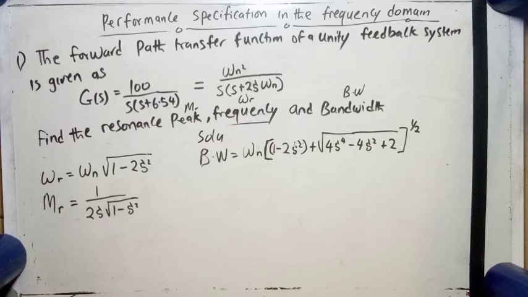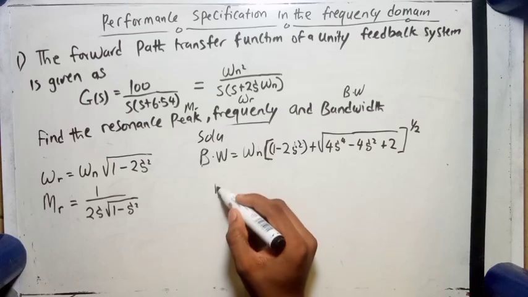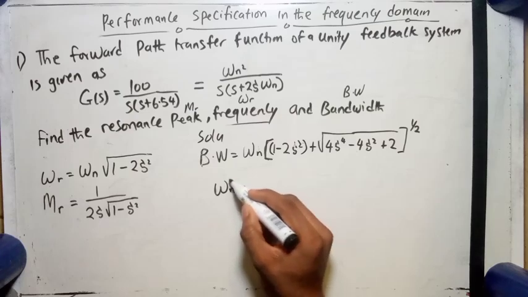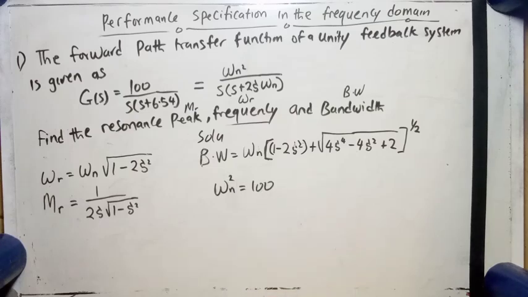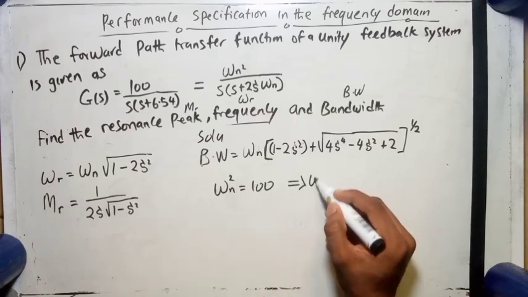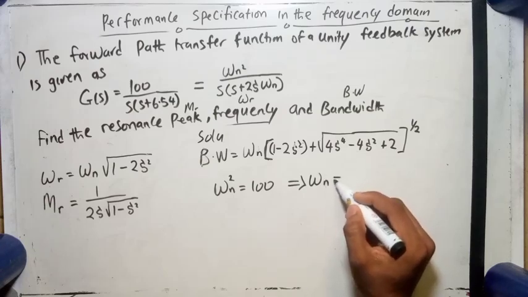So it's for you to look at the two of them and find out any resemblance. At least from looking at that, we know that our Wn square is 100. Definitely, this means that our Wn is going to be what?